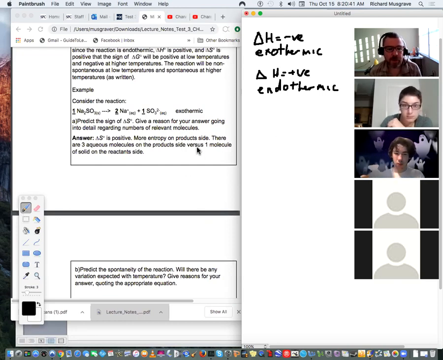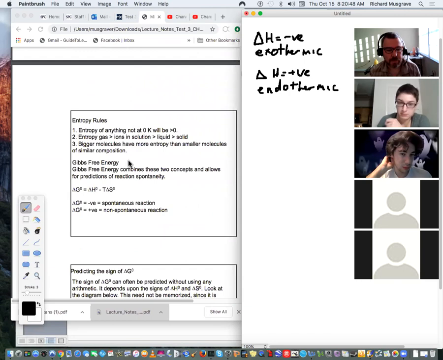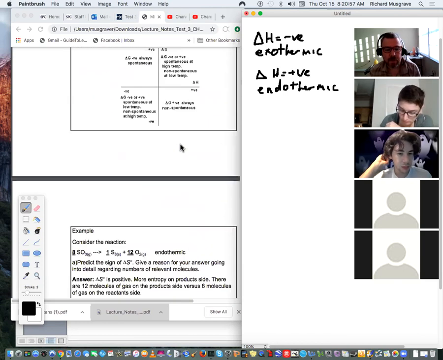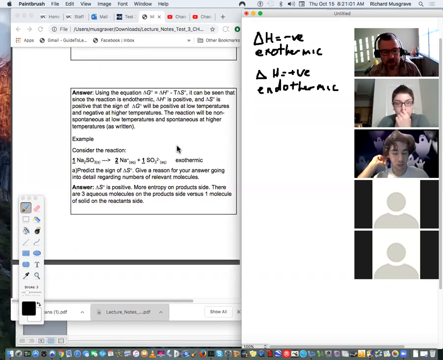And the situation we have here is that we've got a solid going to aqueous ions. Now, as I showed you earlier, entropy of gas beats ions in solution, beats liquids, beats solids. So solids are at the bottom. So the aqueous ions are going to be what's telling the story here.